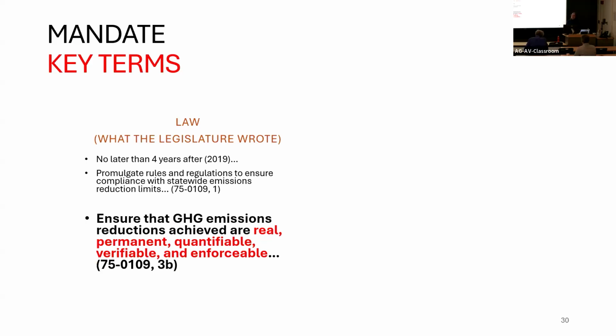Another thing that I so appreciate being in this law is that we ensure that the greenhouse gas emissions reductions achieved are real, permanent, quantifiable, verifiable, and enforceable. These words merit a whole lecture in themselves. They seem like they're simple words, but in order for us to actually reduce the net emissions in the global total, these terms are incredibly important, and they are in our state mandate.